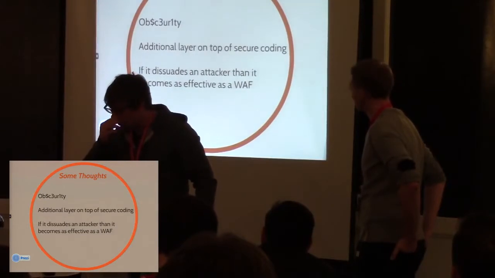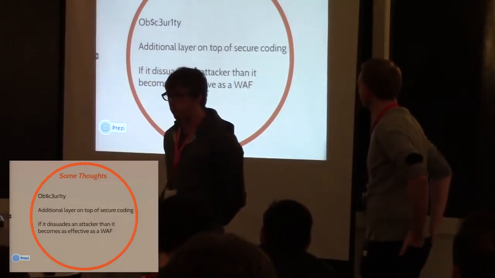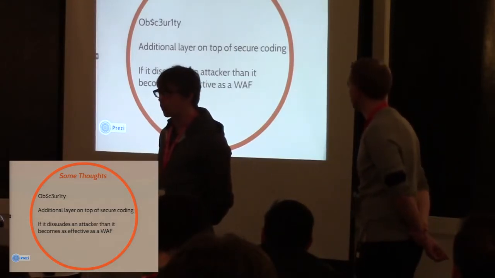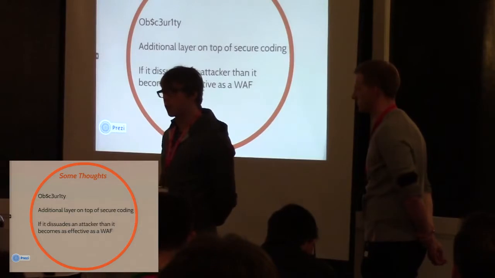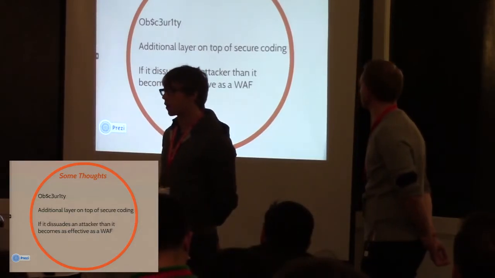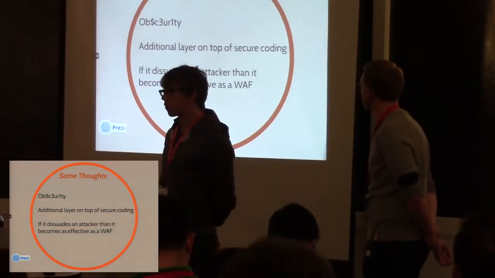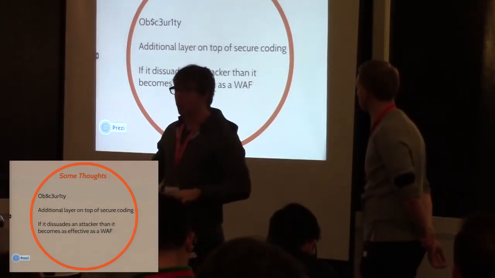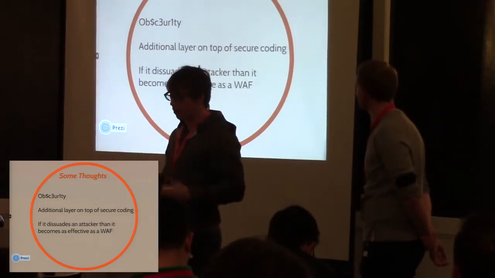And so we just had a couple of final thoughts. In a sense, the honey trapping elements of Ensnare are obscurity, right? This is something that gets a bad name in security, but our thought is that if you've ever been on an assessment where things are really annoying, your effectiveness at getting full coverage of the application is limited, right? So this does have a place when it's layered on top of secure coding. This is not a replacement. This really just needs to be an element that you put on top of the stack.